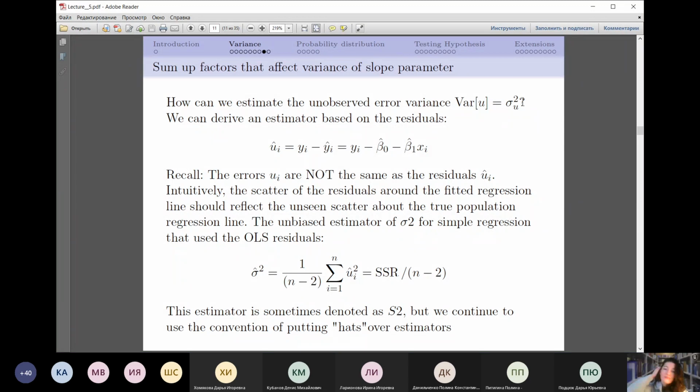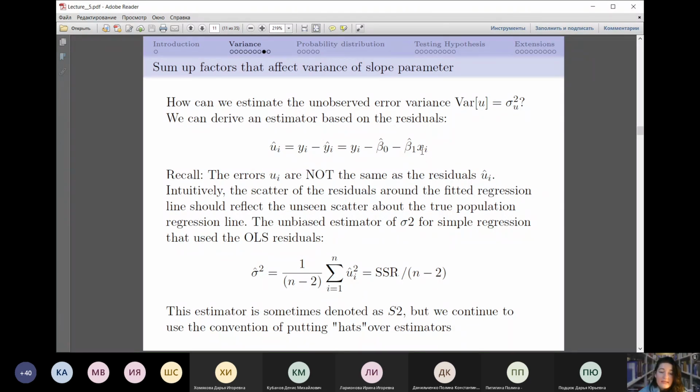But I don't think that during our course, or, for example, when you conduct your own research project, you have such an opportunity to work with the whole population. So in absolutely most cases, you work just with the sample. So when we work with the sample, the analog of the error term is the residuals.